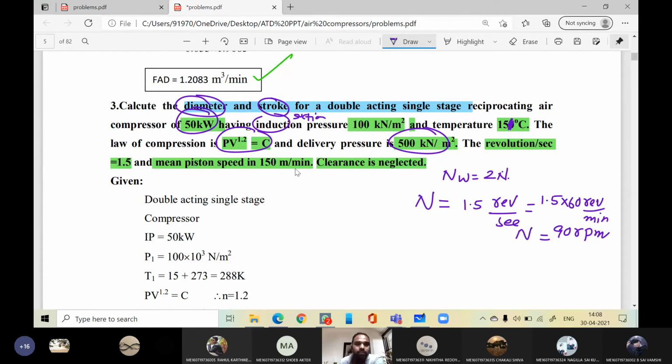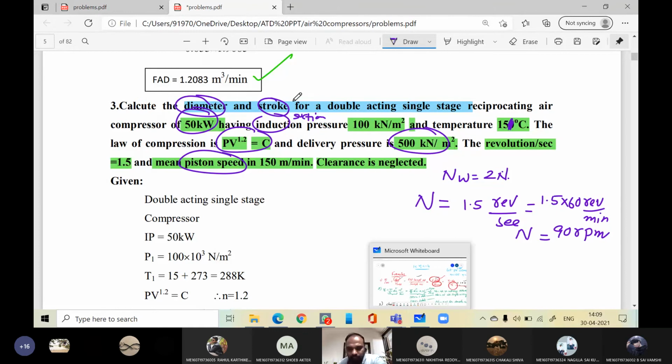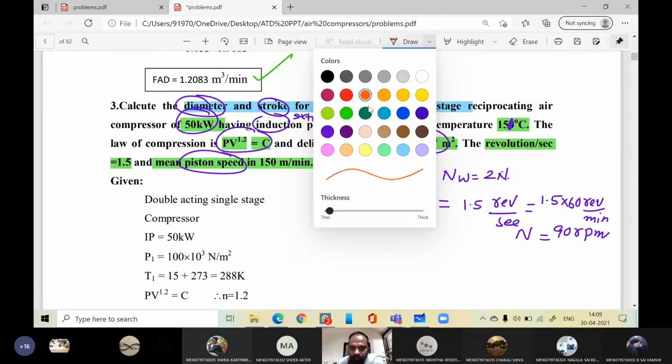So mean piston speed, very, very important. What is meant by mean piston speed? We are calling it mean, you know the reason why we are calling mean, right? Now what is meant by piston speed? I want to explain something here. Piston speed, all of you pay your attention.